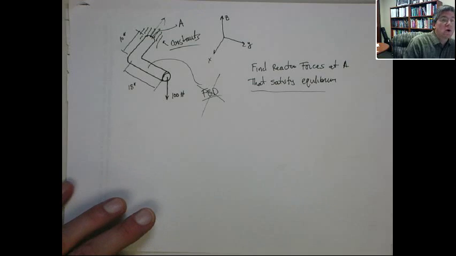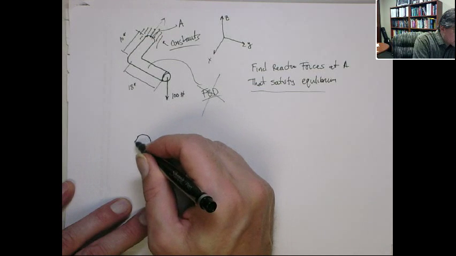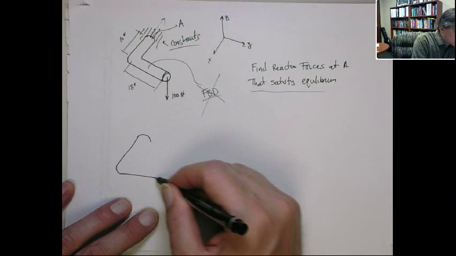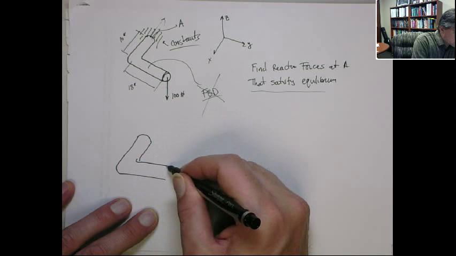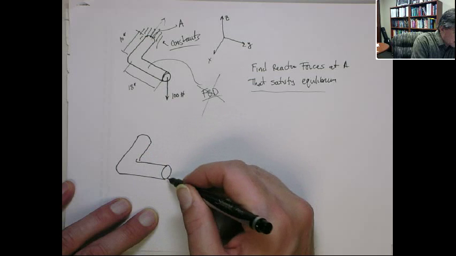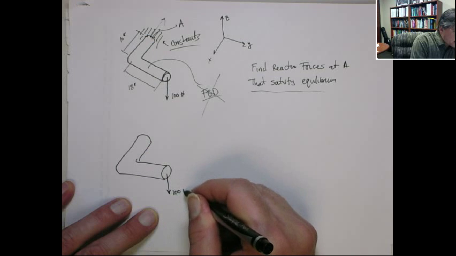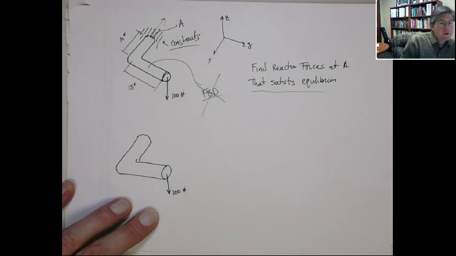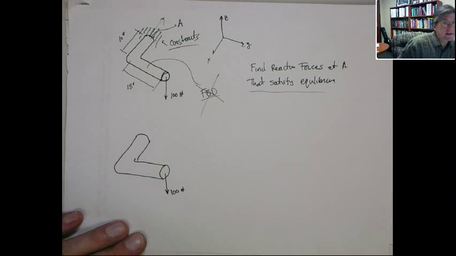So you have to redraw the body, whatever it is, with the externally applied forces, but also the reaction forces. Now, in this case, we have some reaction forces at A. They're unknown.